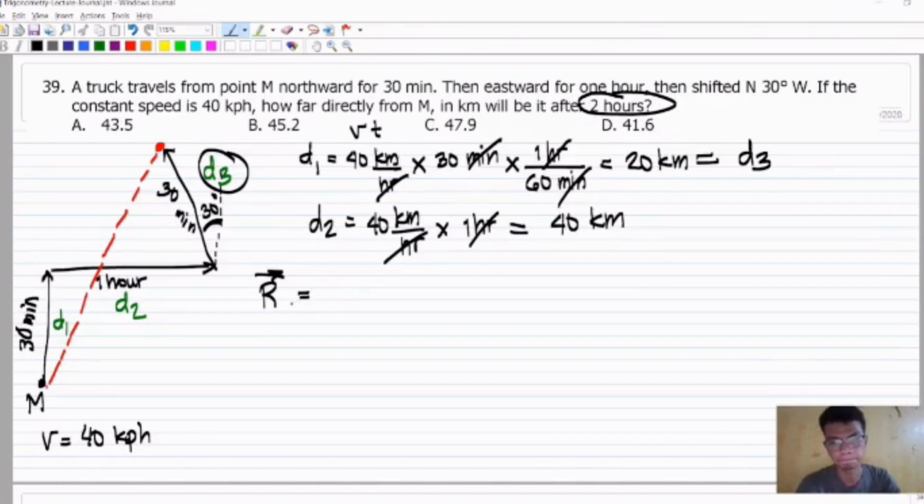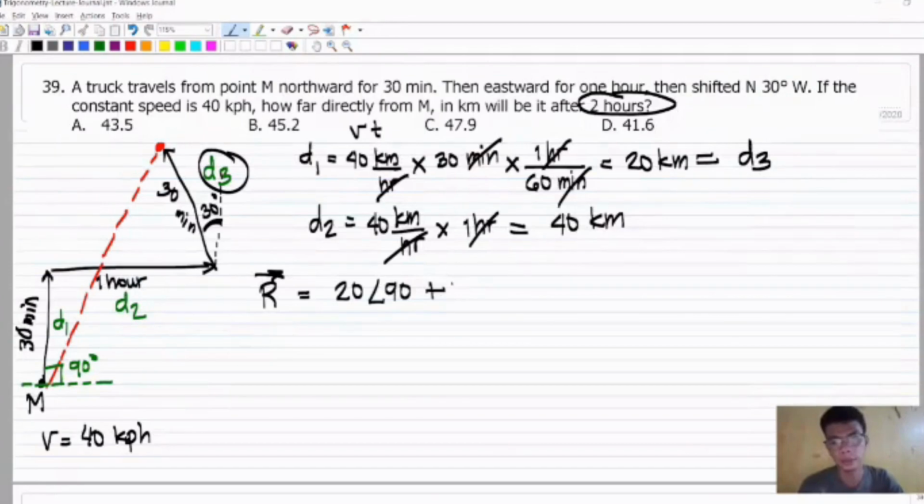Una, ang ating D1 ay mayroong 90 degrees angle from the reference line. Diba yung reference natin is palaging positive x-axis. So the distance 1, the magnitude of D1 is 20 and the angle is positive 90.